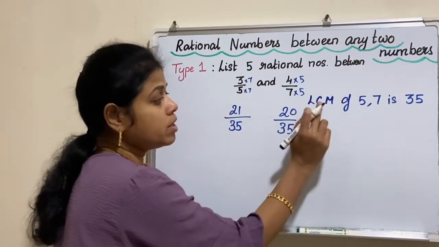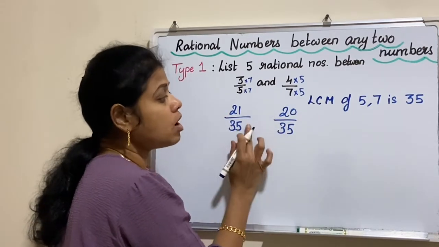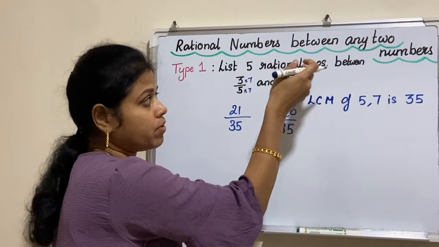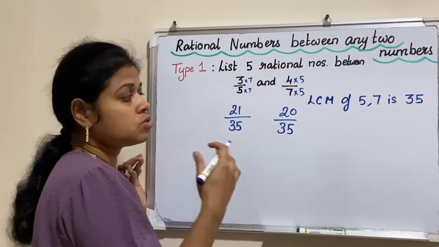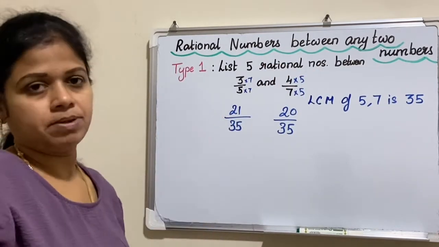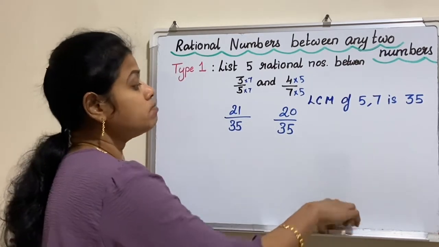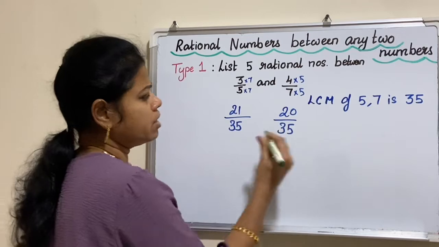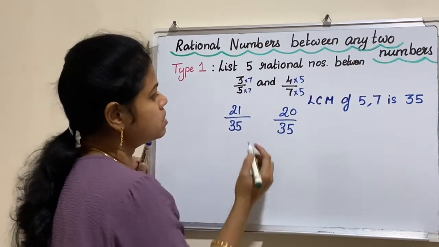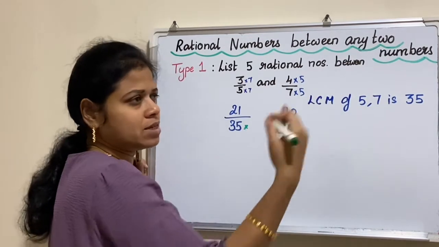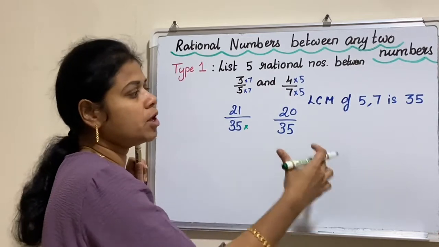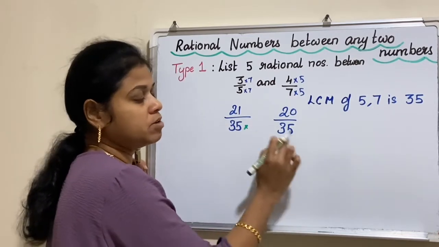So after making the denominators the same, if you can't list out the rational numbers, you have to go for the next step. The next step is you take this fraction and multiply it with any number. Like if you want 5 rational numbers, multiply with 5 or 6 or 7. Then you will get bigger numbers and you can list out numbers in between.